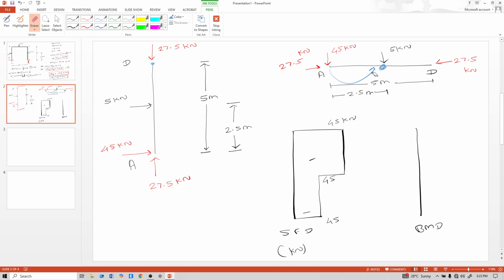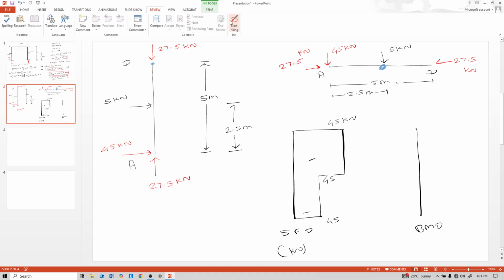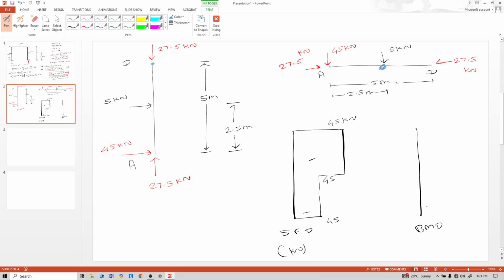So minus 45 into 2.5. Minus 112.5 and minus 112.5. Unit is kilonewton meter. Now calculate here. Again minus 45 into that point, total distance is 10, and minus 5 into 2.5.